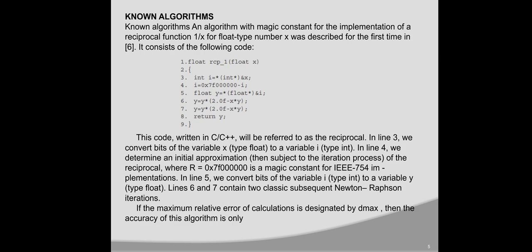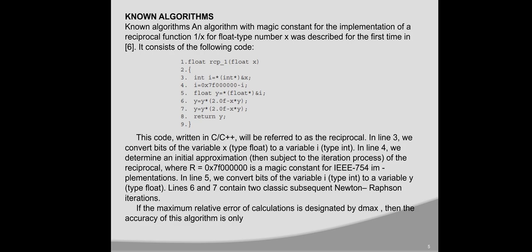Known algorithms with a magic constant for the implementation of the reciprocal function 1/x for float type number x were described for the first time, and consist of the following code. This code is written in C++, which we refer to as the reciprocal. In line 3 we convert the bits of variable x to integer i.